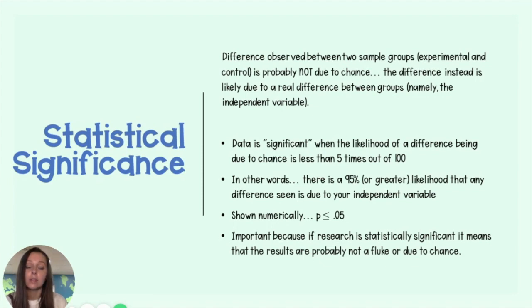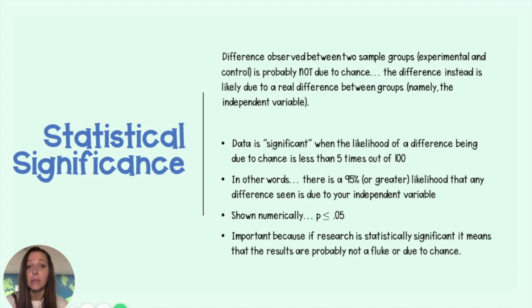So if you get a p-value that's higher than 5%, then that means we don't have that 95% or greater likelihood that the difference is actually caused by the independent variable. P-value, less than or equal to 0.05 or 5%. It's not higher. We want that number as low as possible.